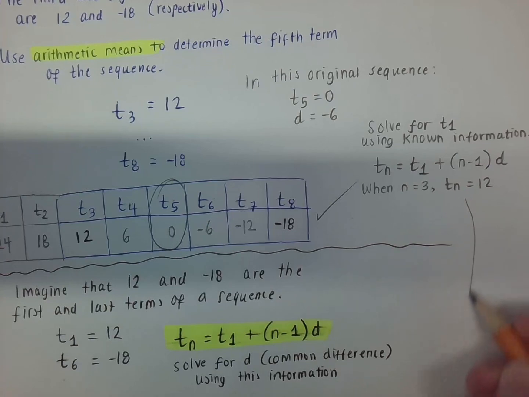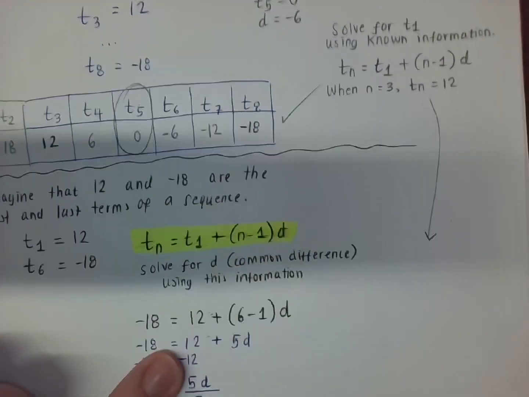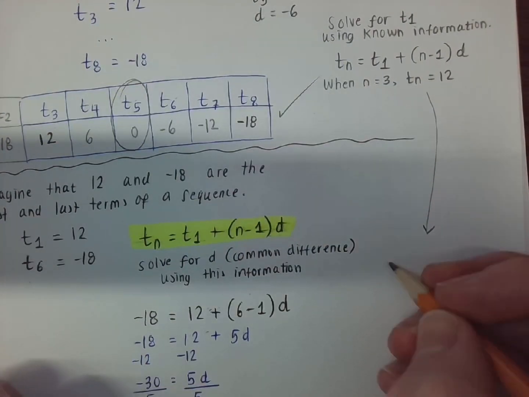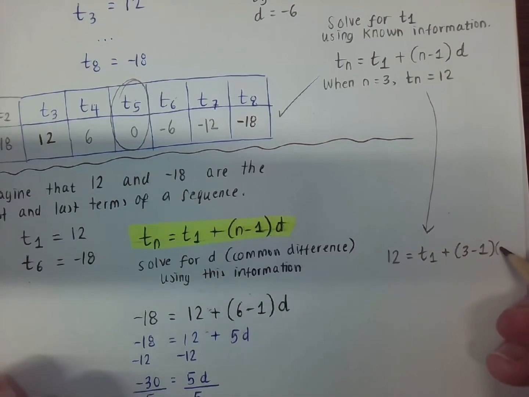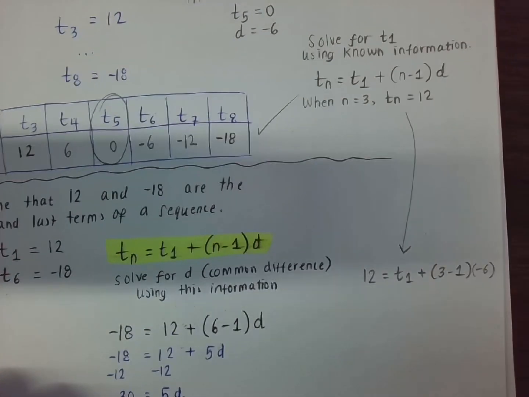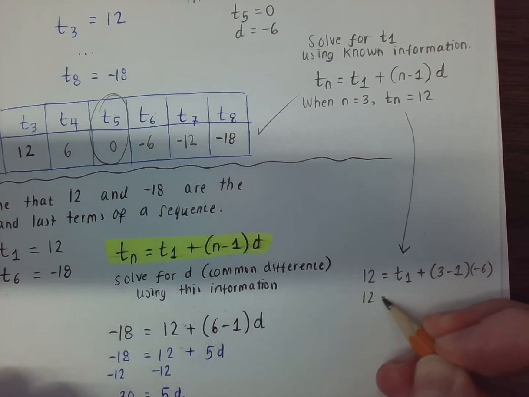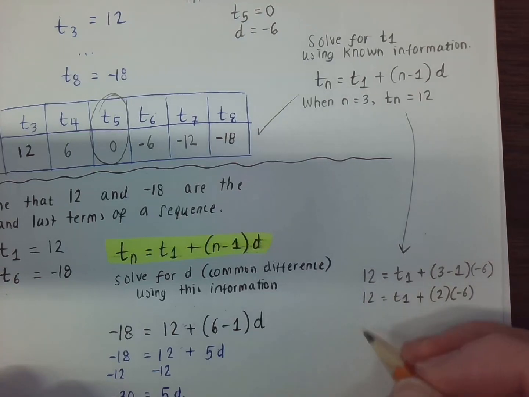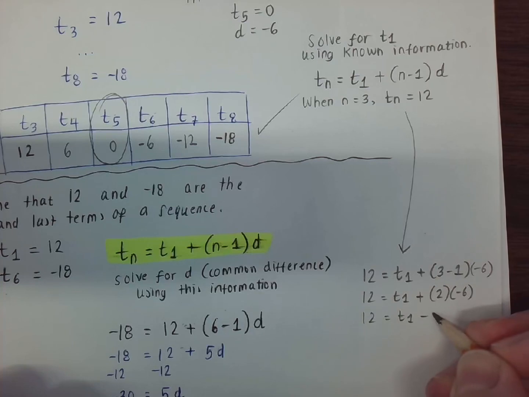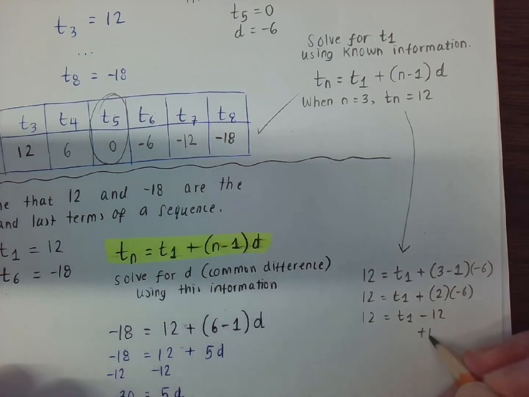So I'm just going to jump down here. 12 equals T1 plus 3 minus 1 times negative 6. 12 equals T1 plus 2 times negative 6. 12 equals T1 minus 12, plus 12 on both sides.